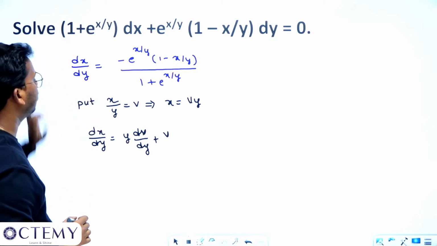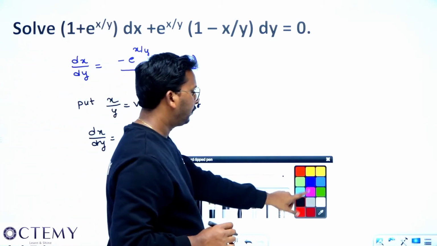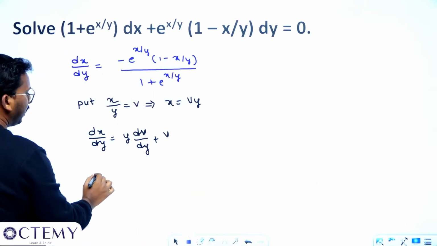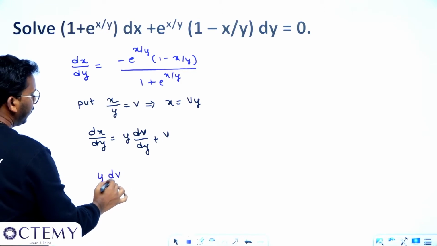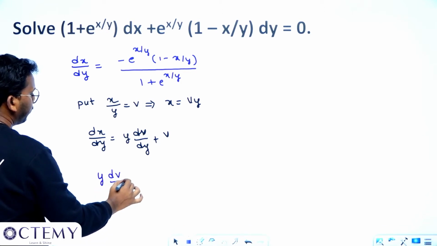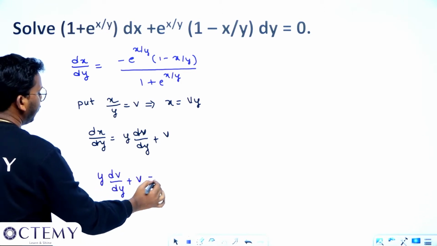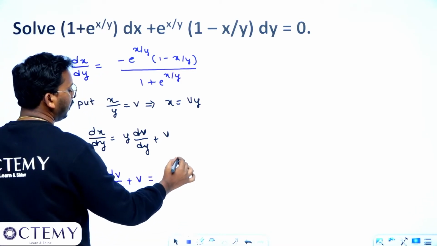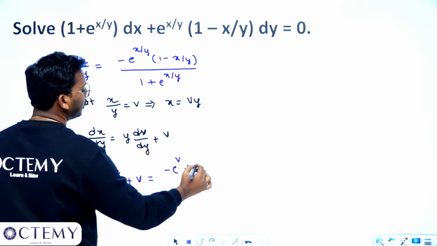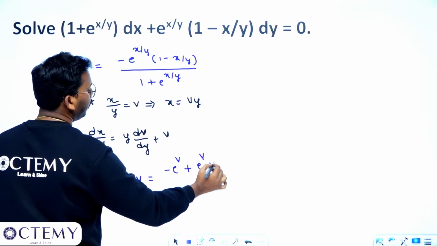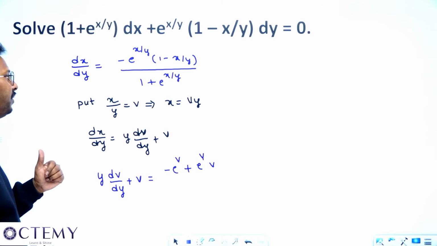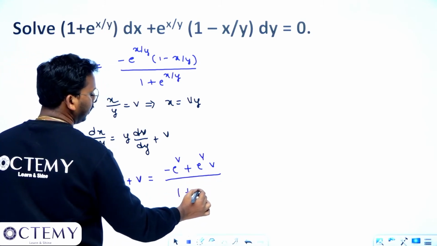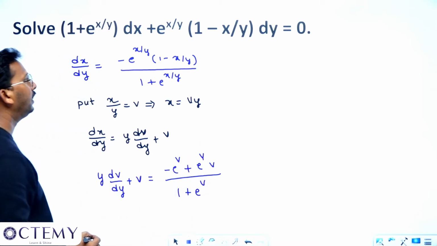You replace this in this. Dx by dy can be written as y dv by dy plus v is equal to minus e power v plus e power v into v, isn't it? What is x by y? v, divided by 1 plus e power v, right?